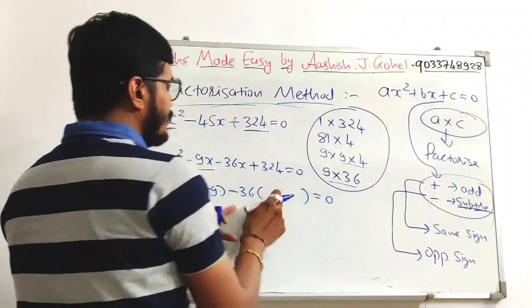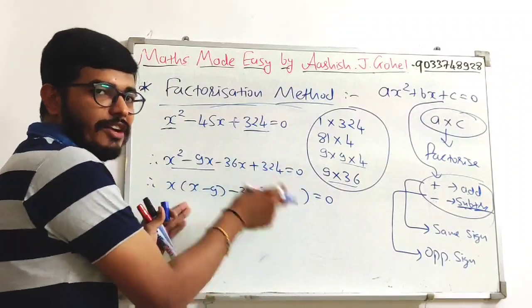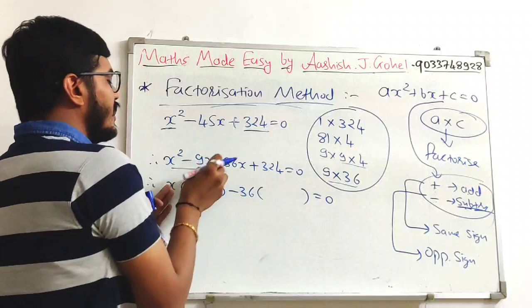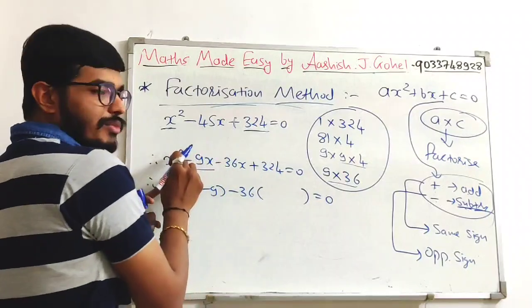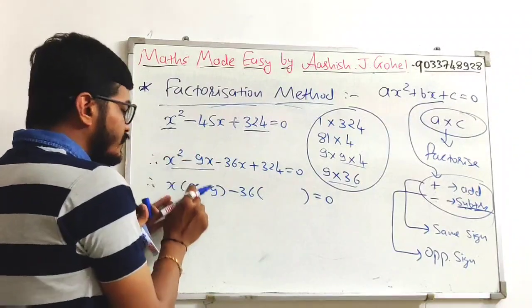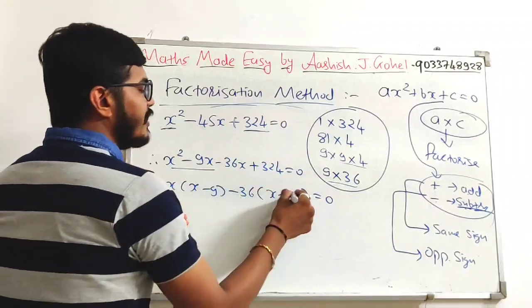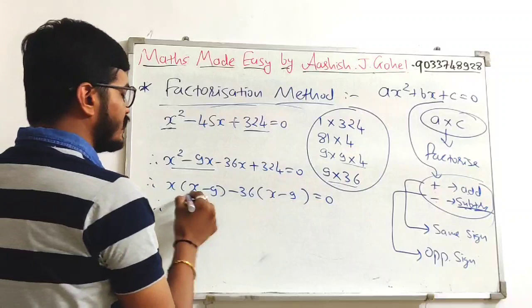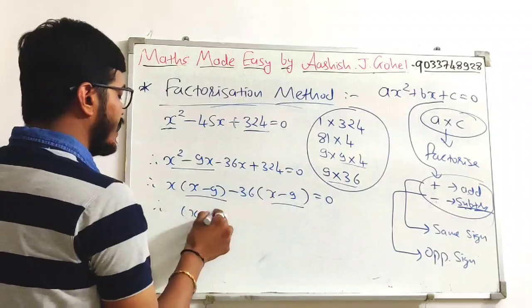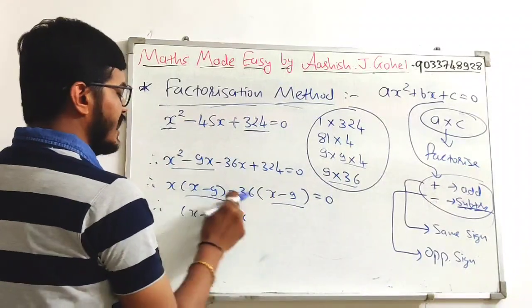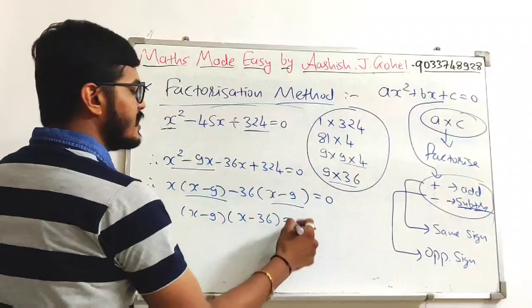Now this bracket will always be similar to this bracket, if you are doing the sum correctly and writing the first term correctly. So no need to worry about that. Take this bracket common, x minus 9, and the remaining terms are x minus 36.